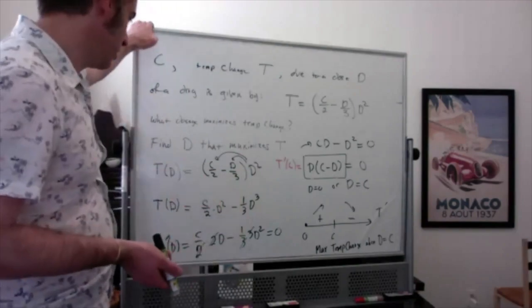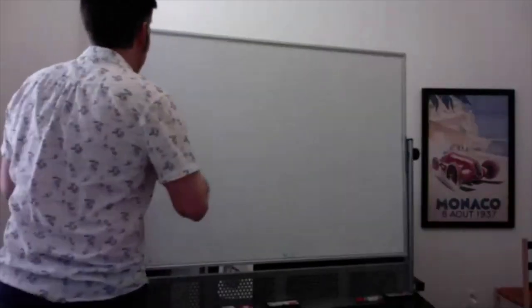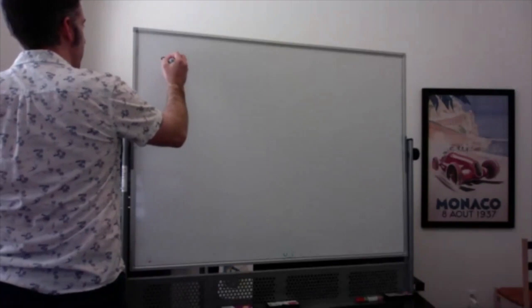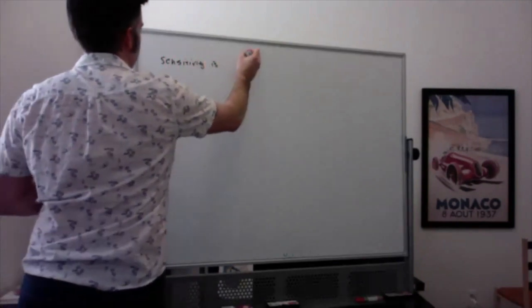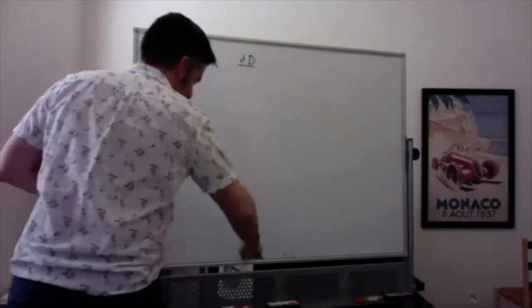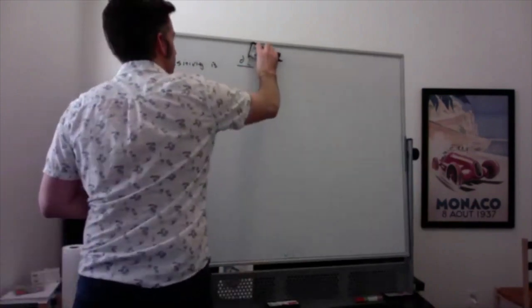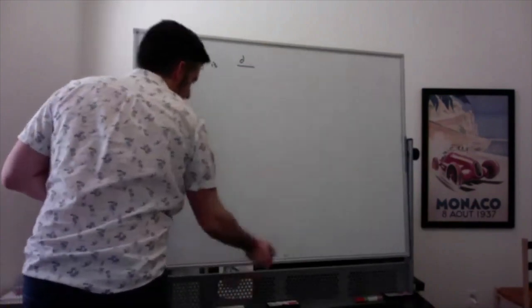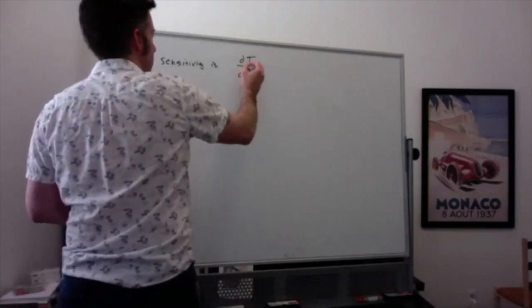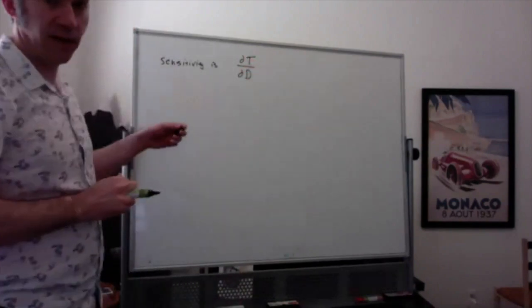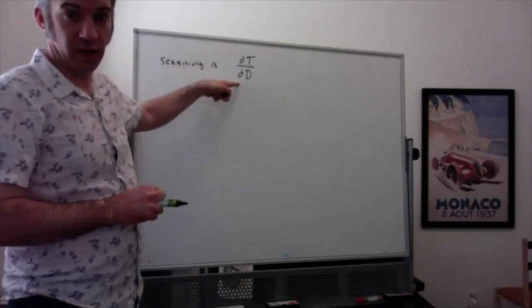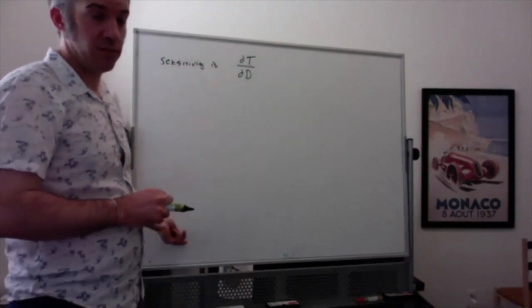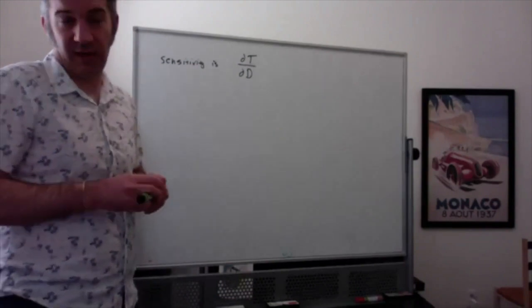So sensitivity is dT/dD, the rate of change of the change in temperature with respect to the rate of change of the dosage. You don't really have to know that here, but that's what they're telling us.